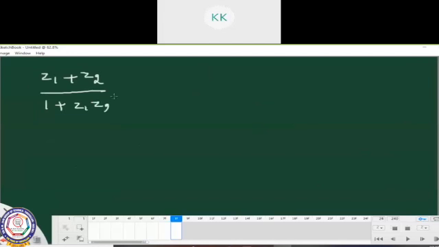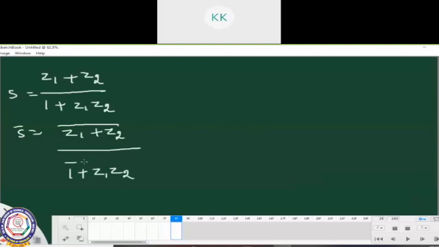I can take it as some variable S equal to this. Now S bar equal to, see here, Z1 plus Z2 the whole bar by 1 plus Z1 Z2 the whole bar.